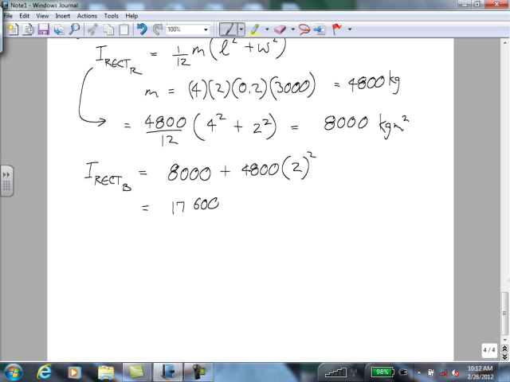So 8,000 plus 4 times 4,800. What do you get there? Okay, kilogram meter squared. So we'll come back to this.